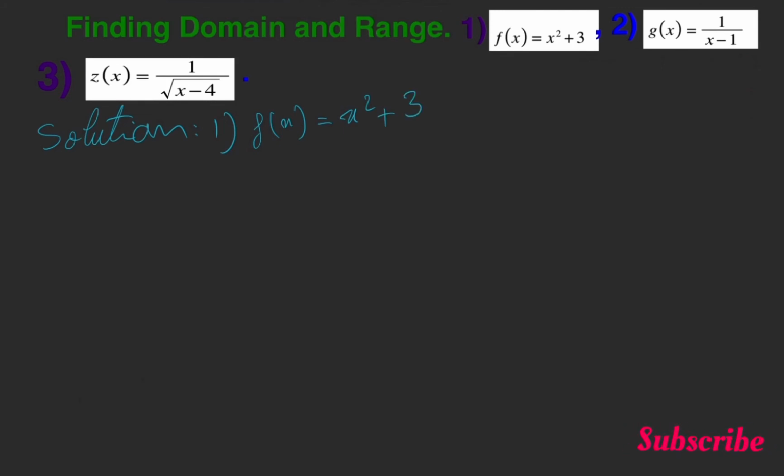We see from here that this function has no restriction. It's called a second degree polynomial, and a polynomial has no restriction at all. So the domain D is going to be from negative infinity to infinity. It has no restriction, it goes forever.